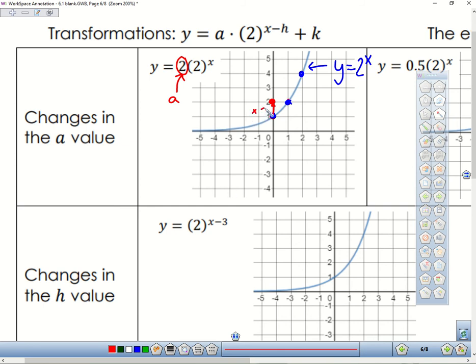And now again, we take our next point, take the y value and multiply it by 2. What's 2 times 2? 4. So this one's moved up to 4. It would go up to 8, but as you can see, that doesn't fit on the graph, so we're just going to leave that point out. But we do have a few points, right? So we can now sketch this again.